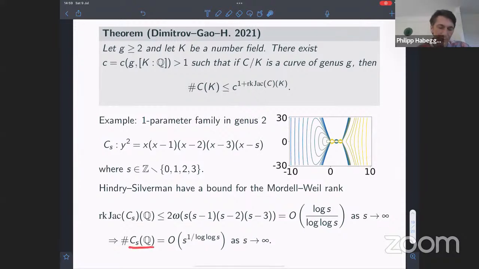That gives an upper bound for the number of Q points, which grows like O of s to the 1 over log log s. So this is smaller than O of s to the epsilon for every positive epsilon. So we get a statement on the number of points that doesn't depend on the theory of Jacobians, but gives us slow growth. So thank you for your attention.